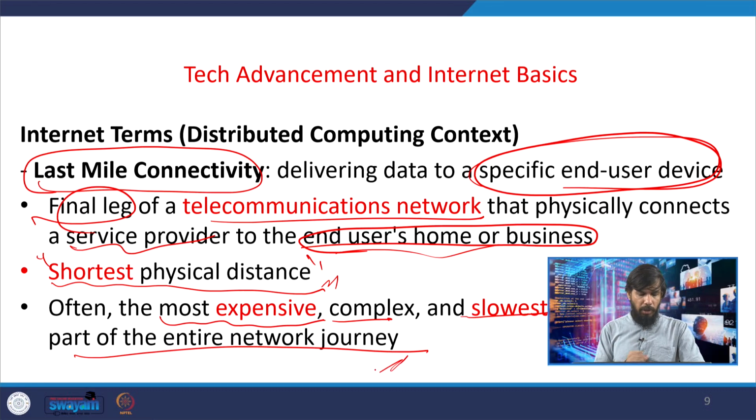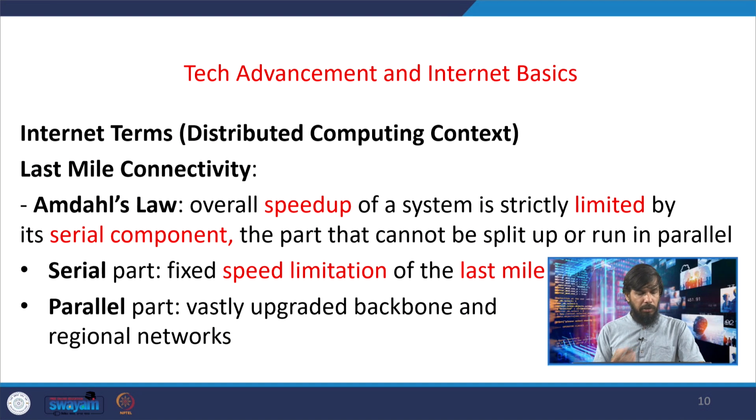So, this becomes a bottleneck, a critical point. There is a lot of focus on improving the last mile connectivity. Now, to understand last mile connectivity a bit more, let us look at Amdahl's law.